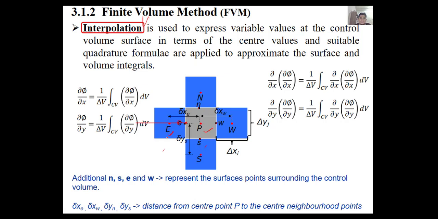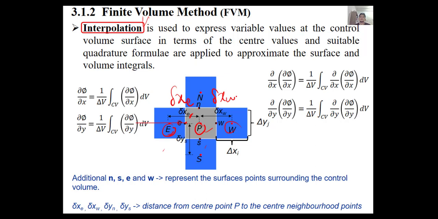And then in between them, for example from E to P, east to the point P, we have delta x, the distance in the x direction, and we put E here, meaning at the east side of P. And then from P to W, definitely the same, delta x, and then you put lowercase w.